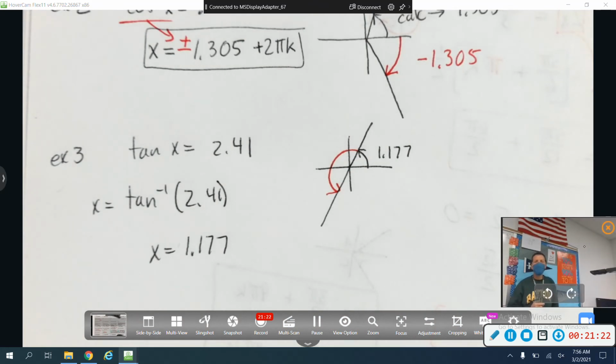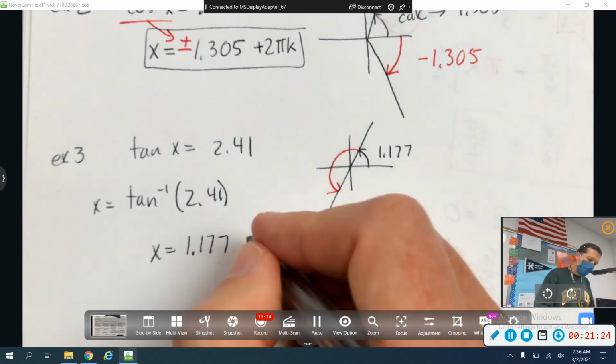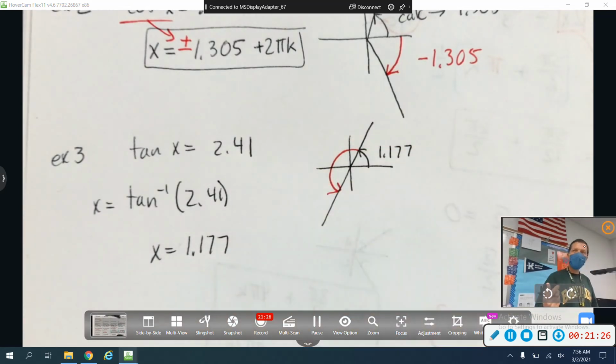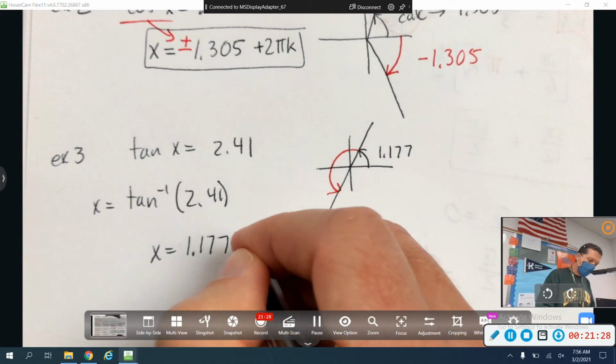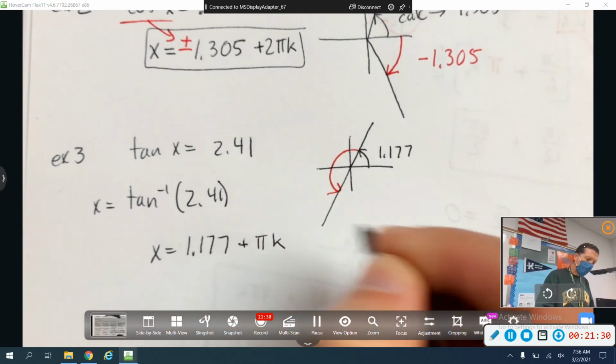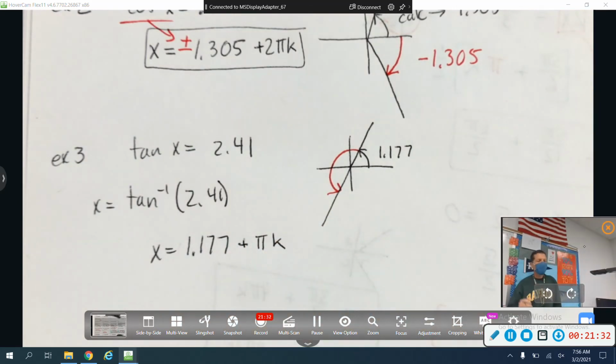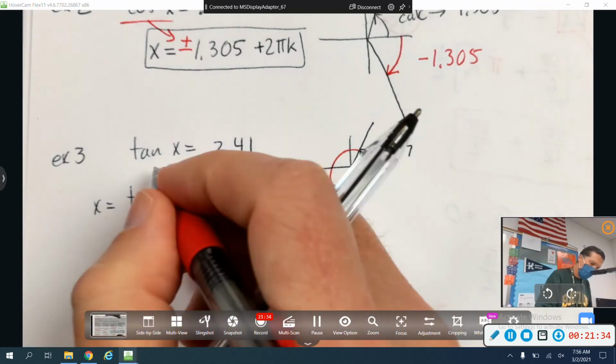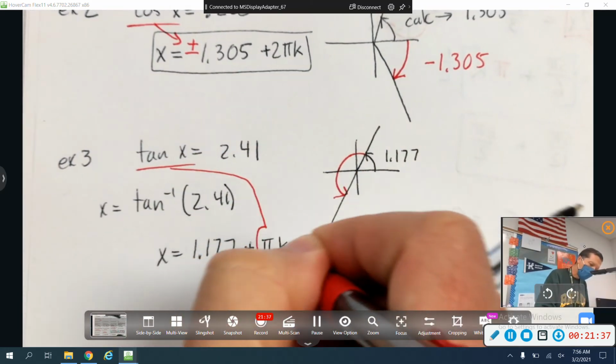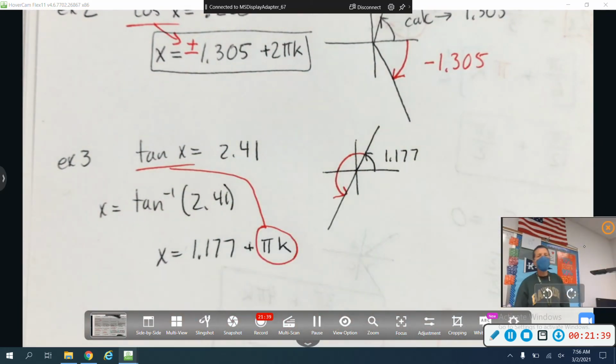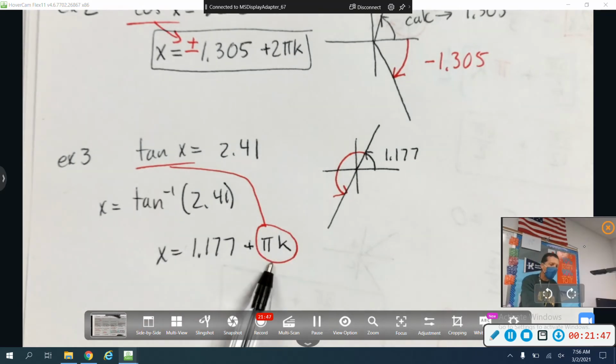Yeah, I need to go pi more. But pi is the period of tangent, and so if I just do plus pi k, that will catch all of the answers. So it doesn't even require two statements, because plus pi k will catch all of the answers anyway. So tangent is the easiest of all, as long as you remember the period is pi rather than 2 pi for tangent, then plus pi k gets you all the answers.